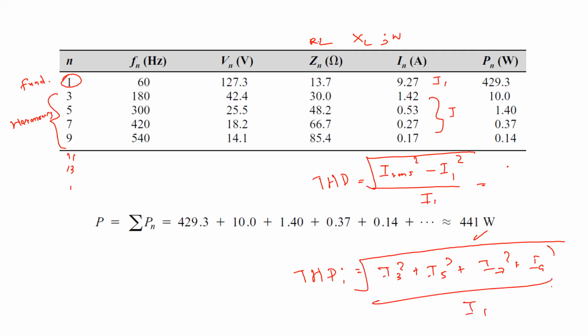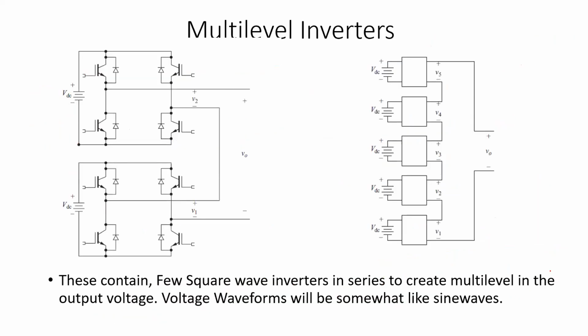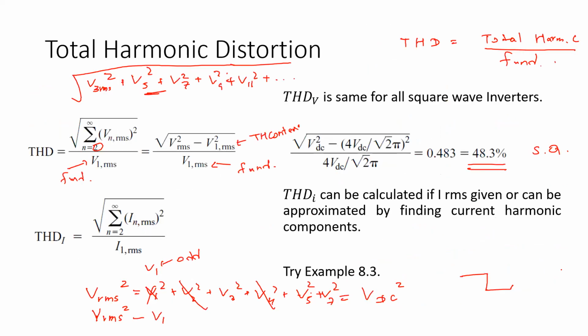That's how you approximate. This answer will not be as correct as the one with IRMS. If IRMS is given, you can get the accurate answer. If you only have these components, you can approximate. That's how you calculate THD for a square wave inverter.